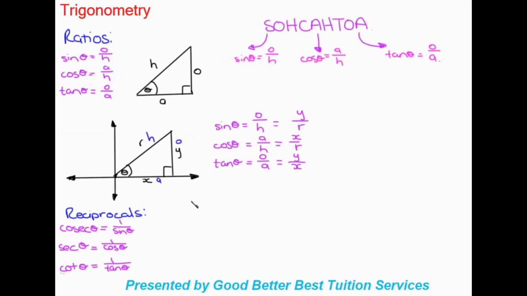So we'll bring this example down to here, and we're going to try and find these values. Let's see how our reciprocals relate to our ratios. If we had sine theta over here, sine theta is, as we know, opposite over hypotenuse.